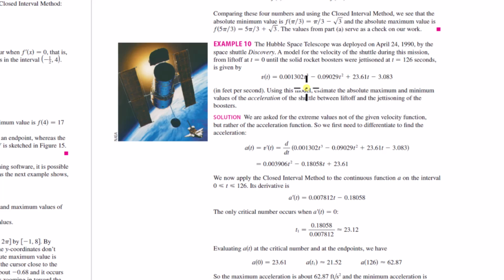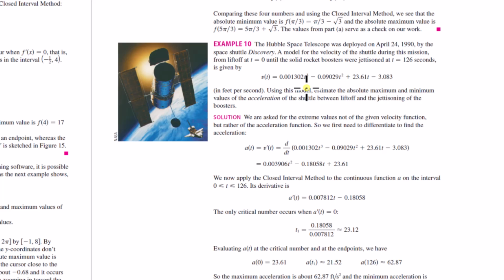Now, we haven't really talked about how we find exact values for local maxes and mins. How do we determine if, in fact, we have a critical number that is a local max or min? We're going to get to that in upcoming sections, but right now we can identify for sure for a function what is the absolute max and min, maybe overall for the entire domain or over a specified interval.